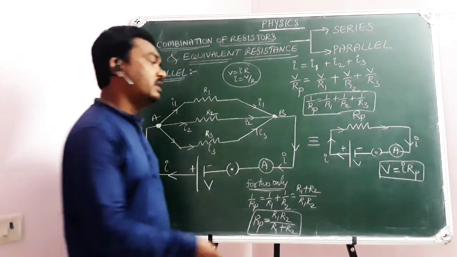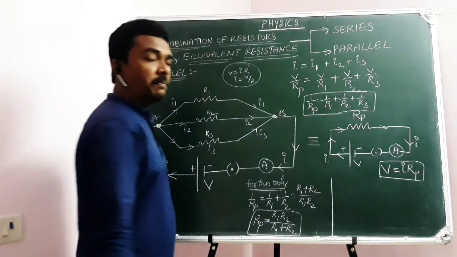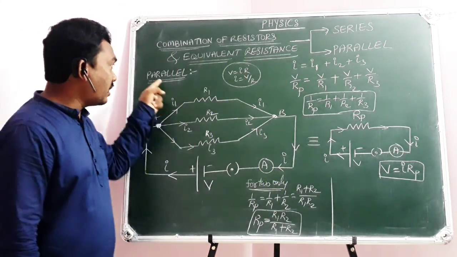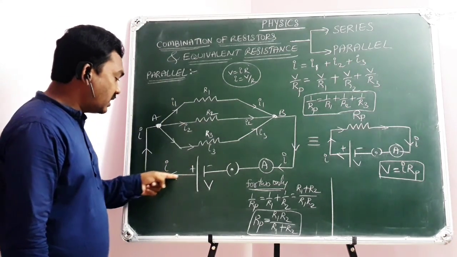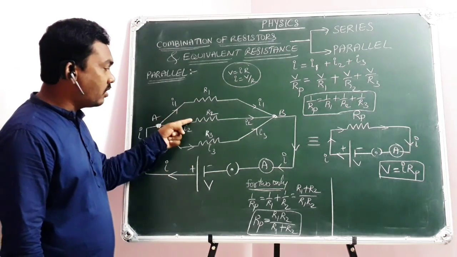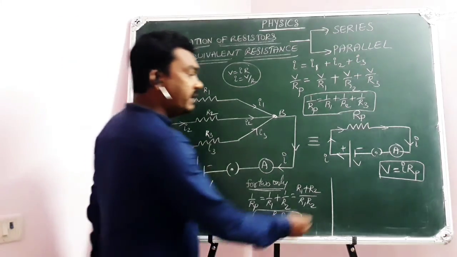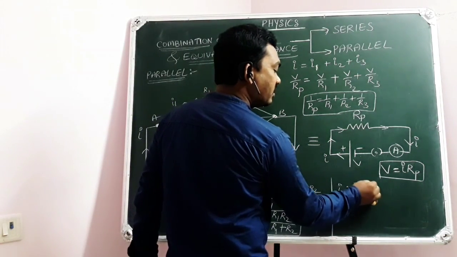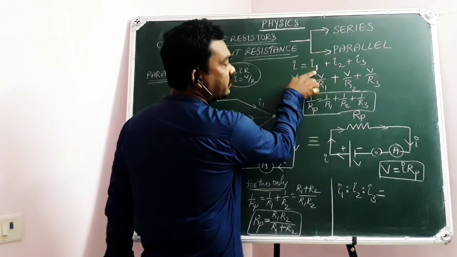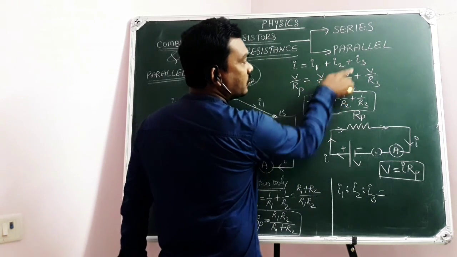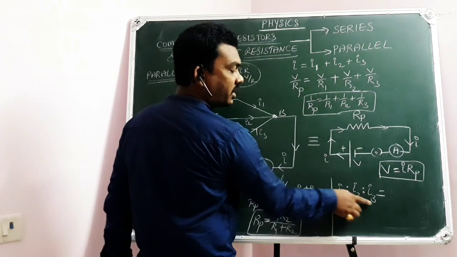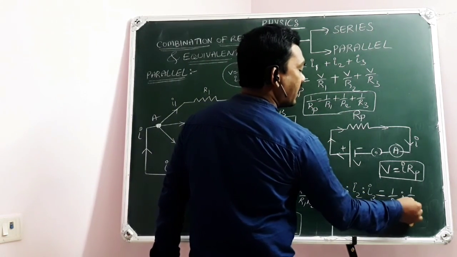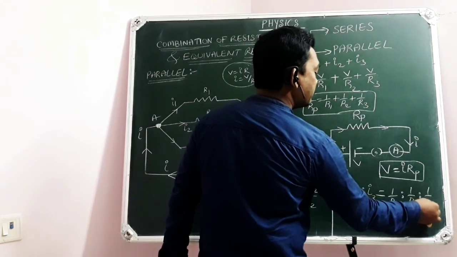But what you need to understand is, in series combination, the applied voltage is distributed among all the resistors. But in parallel combination, the current in the electric circuit will be divided among all the resistors. In what way will it be divided? I1 is to I2 is to I3: I1 means V by R1, I2 means V by R2, I3 means V by R3. If you take the ratio, V gets cancelled, and it is 1 by R1 is to 1 by R2 is to 1 by R3.